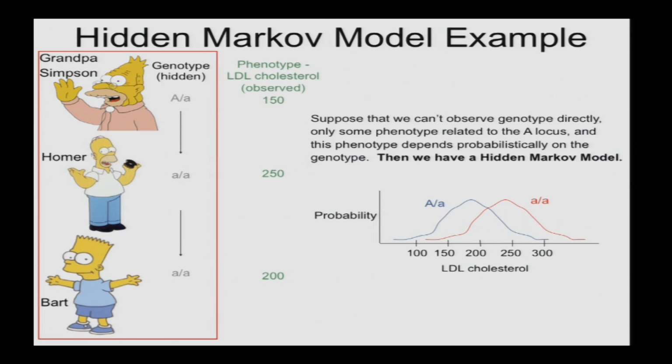So now what's a hidden Markov model? Imagine that our DNA sequencer is not working that week. We can't actually go in and measure the genotype, but instead we observe some phenotype that's dependent on genotype. But it's not dependent in a deterministic way.